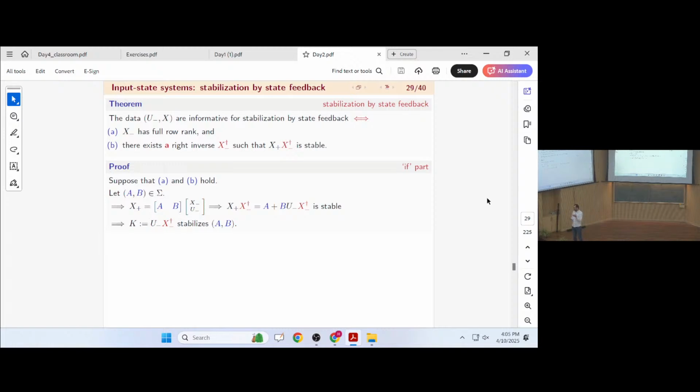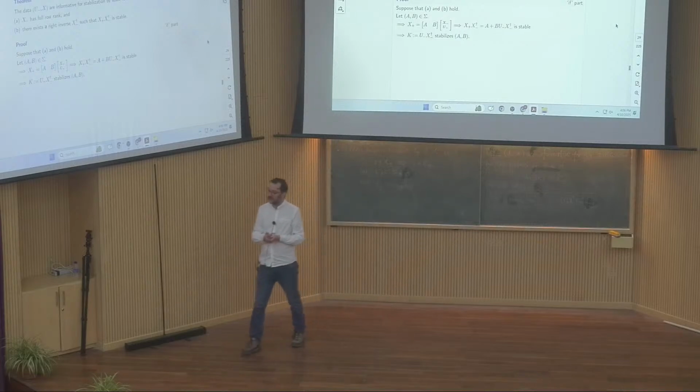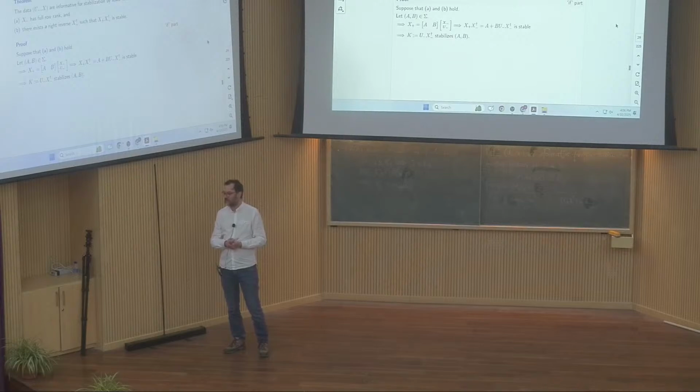For eigenvalue placement, I can take these n eigenvalues. But you can even take disconnected regions. Any region you can take within the complex domain. Well, it needs to satisfy this because we are dealing with real matrices and complex eigenvalues come in pairs. So if 1 is not satisfied, things get a bit complicated.